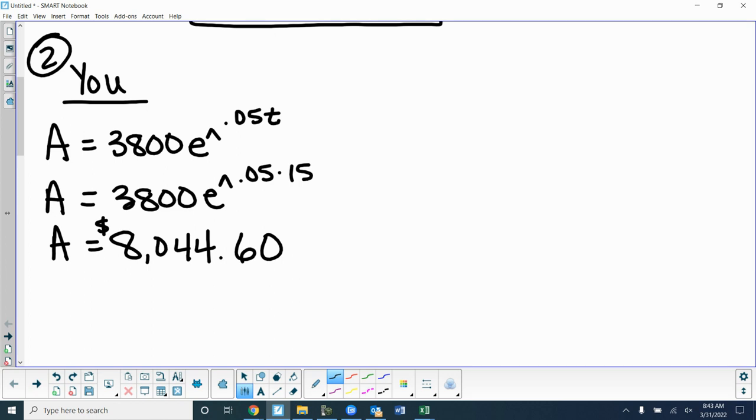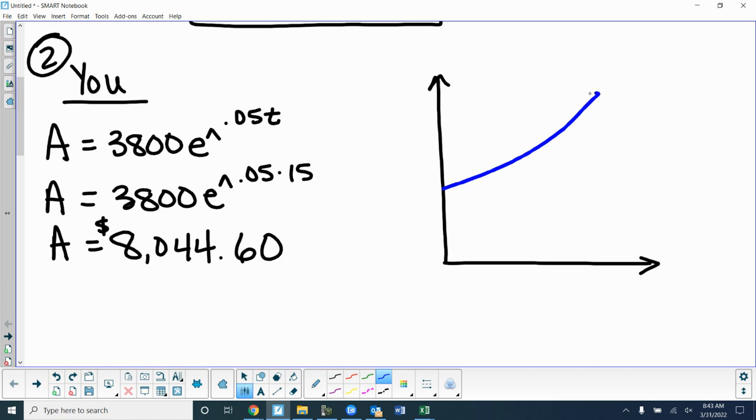And then the picture of our graph, it looks kind of like this. It's almost a straight line, but it's starting to curve a little bit. And this point here was 4,200.